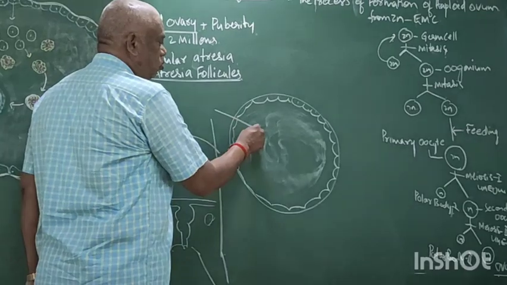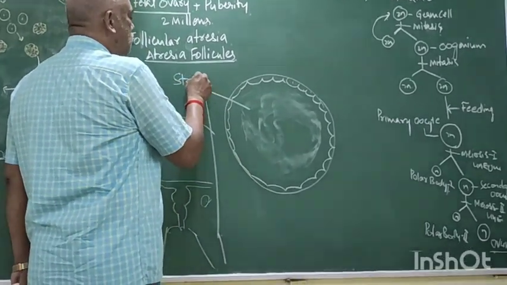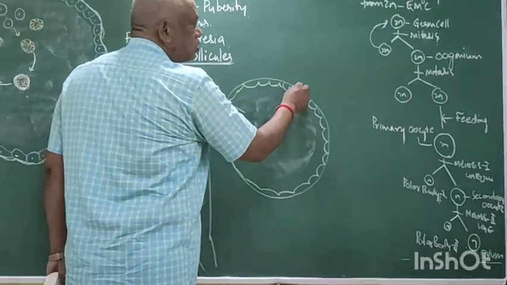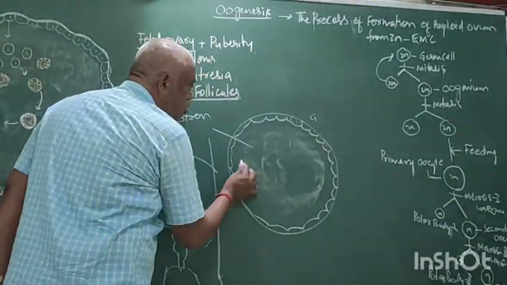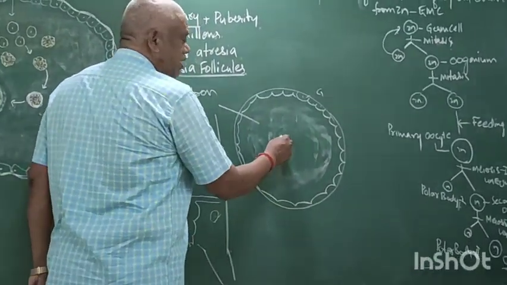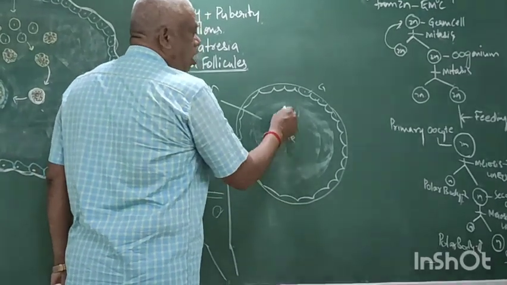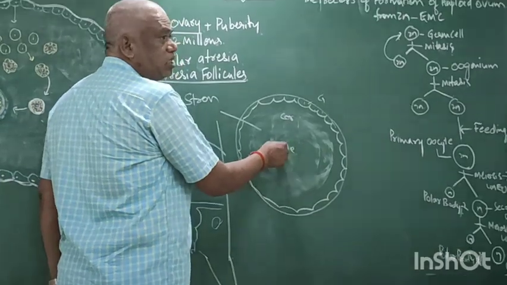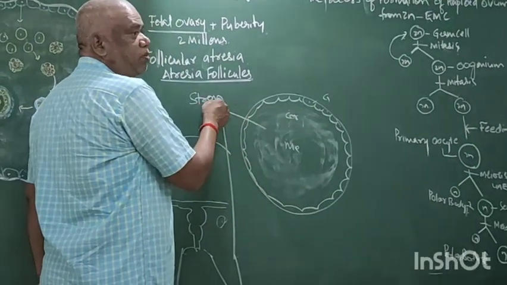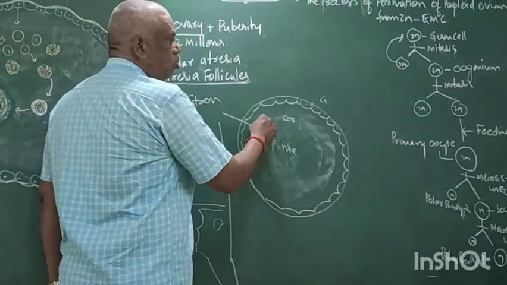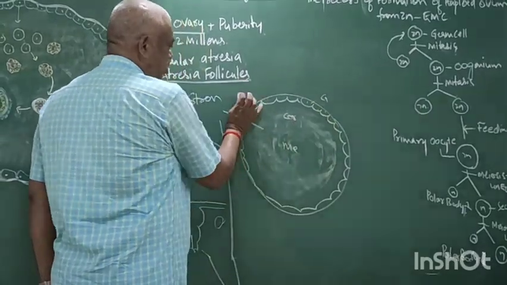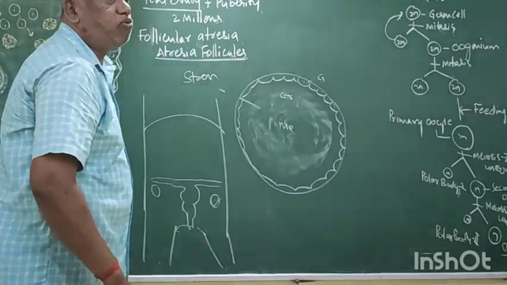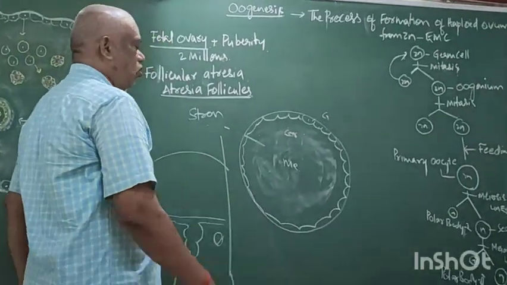That is the stroma. So internally it is stroma, and the surface is germinal epithelium. Again, the stroma has the central medulla and the outer cortex. These are the two regions of the stroma, which is made of connective tissue and covered by germinal epithelium. Now this is the internal anatomy of the ovary.